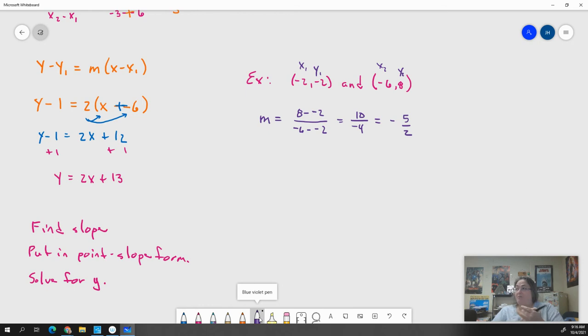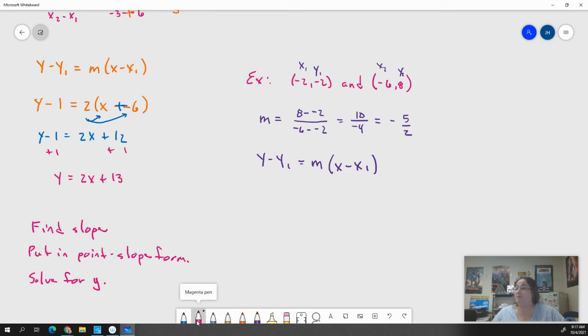So I have a slope, I have a couple of points. We get to use that point slope form now, right? That point slope formula, which is y minus y1 equals m times x minus x1. Now we're just filling in the blanks. I can use either point. I'm going to use the one that's already labeled x1, y1, but it doesn't matter.